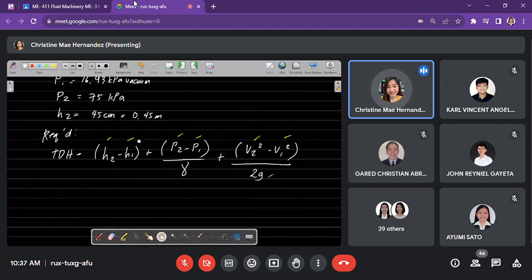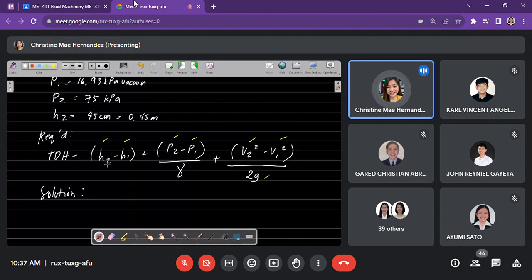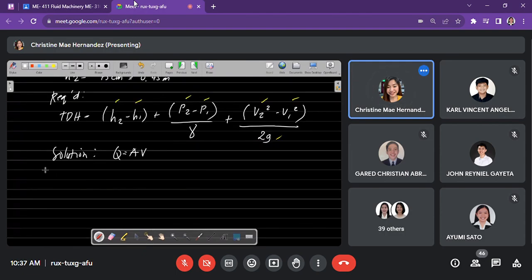So, i-compute muna natin yung ating mga velocity since pwede naman natin i-direct substitute tong elevation head and pressure head. Itong mga velocity, kailangan natin compute using volumetric flow rate and yung ating mga given diameters. So, using Q is equal to area times velocity ulit. For V1, the velocity at the suction, Q over area 1.